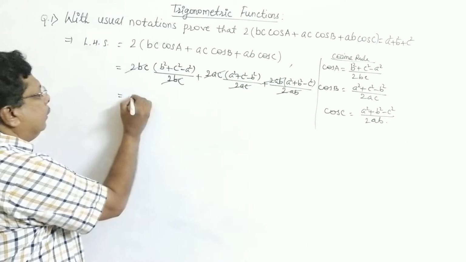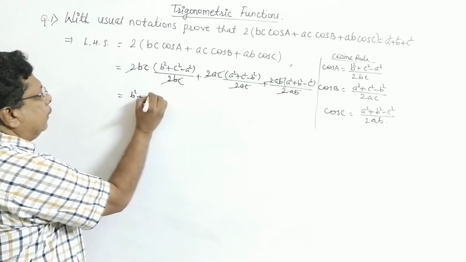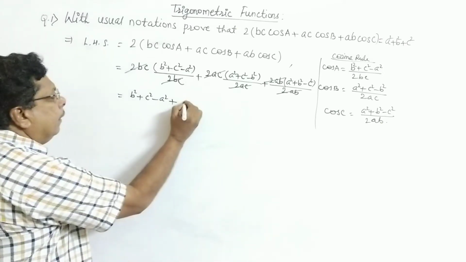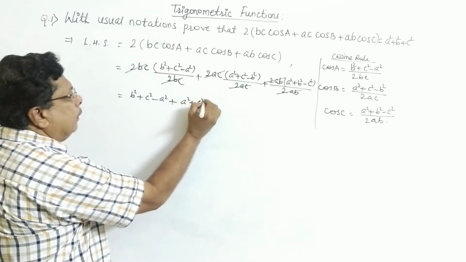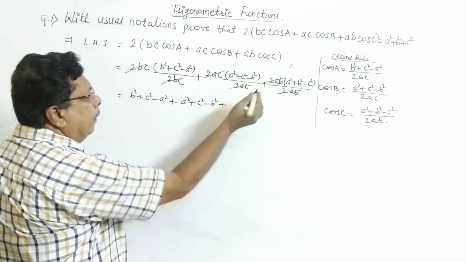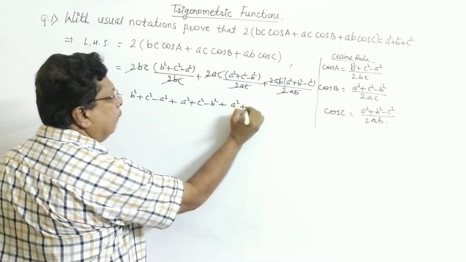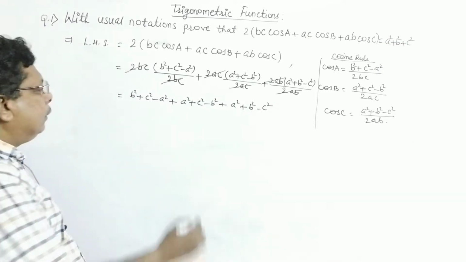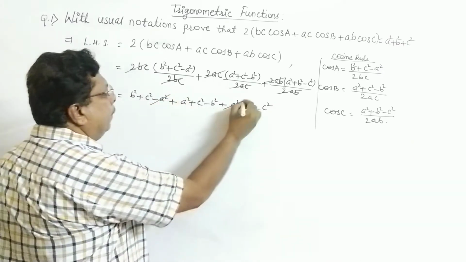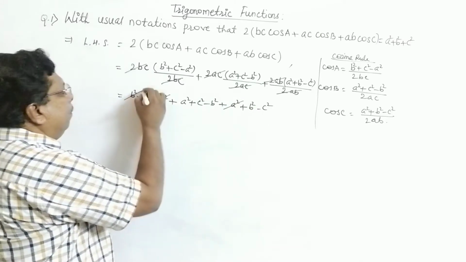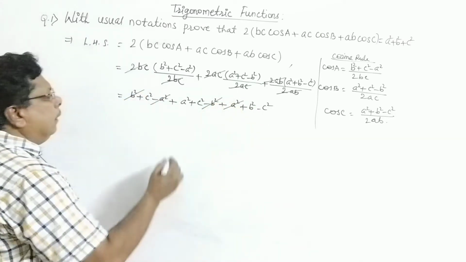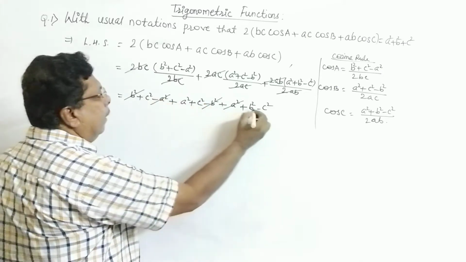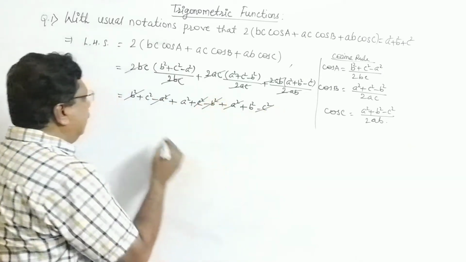Write down the simplification. B square plus C square minus A square plus A square plus C square minus B square plus A square plus B square minus C square. See what gets cancelled here: minus A square plus A square get cancelled, B square minus B square get cancelled, C square minus C square plus C square, cancelled.